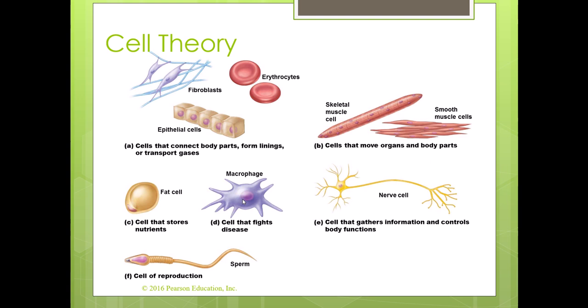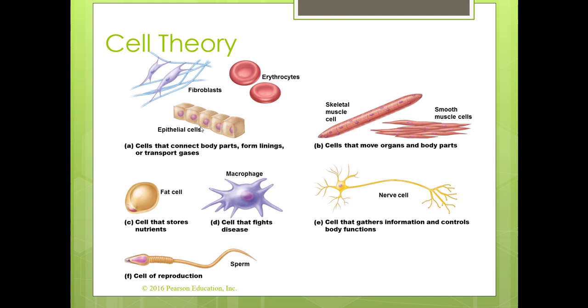We can have neurons and neural cells that have long arms and processes that hang off of them for transmitting information throughout the body and controlling the body. We have epithelial cells and connective tissue cells that make up our bones and our cartilages.